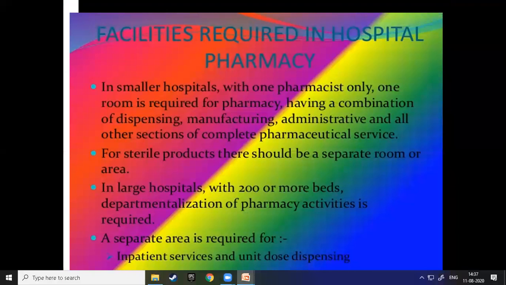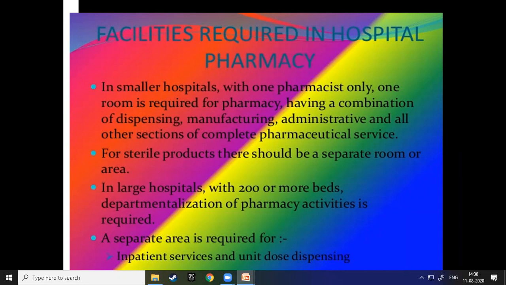Facility required in hospital pharmacy. In a small hospital with one pharmacist only, one room is required for the pharmacy, having the combination of dispensing, manufacturing, administrative, and all other sections of complete pharmaceutical services.